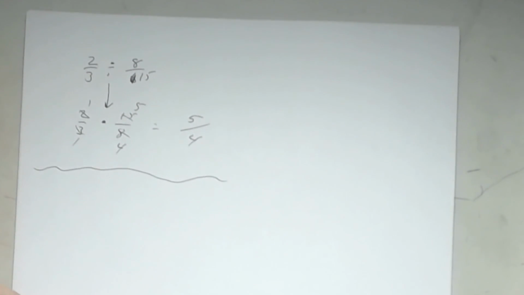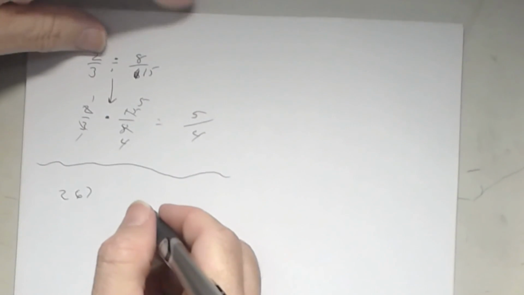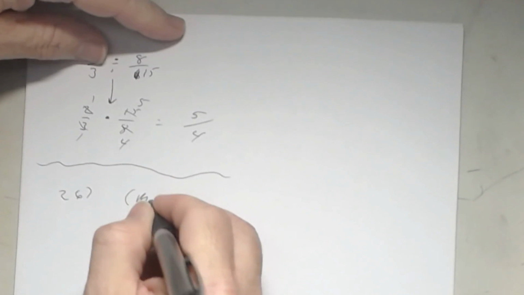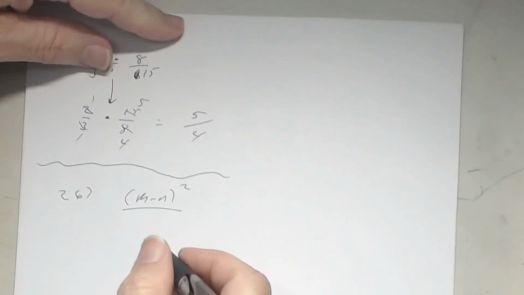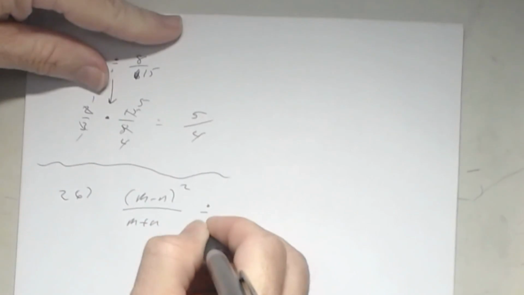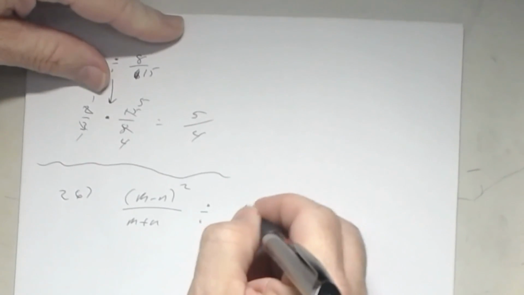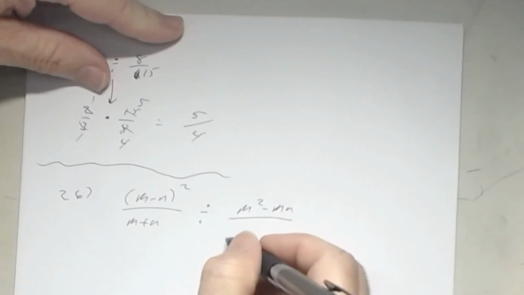Let's not do that one just yet. All right, let's do 26. So this is 26. You have m minus n squared divided by m plus n, divided by m squared minus mn divided by m.